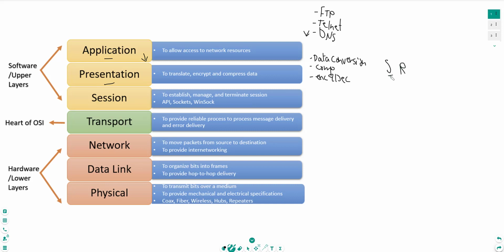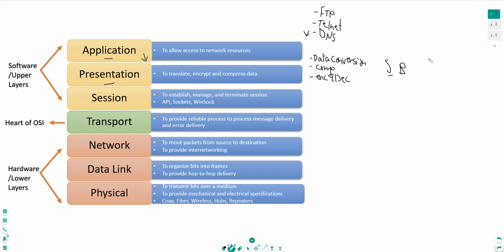At the sender side, the presentation layer is responsible for converting data into a transmittable format. And when the data is received at the receiver, the presentation layer is responsible for translating the data back from that format, because originally it had converted the data to a transferable format, and then it formats it and delivers it to the application layer.